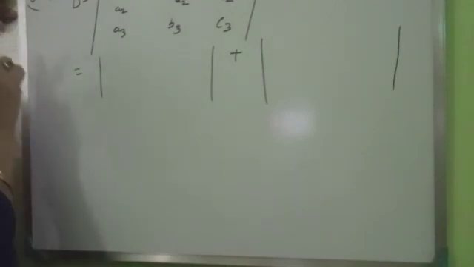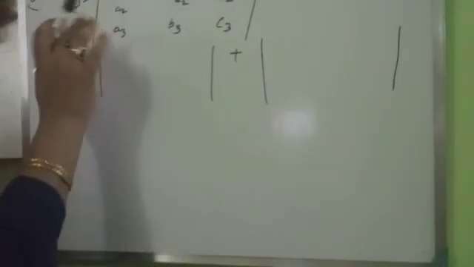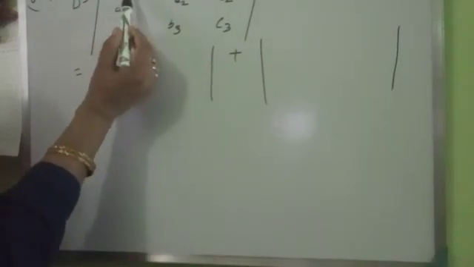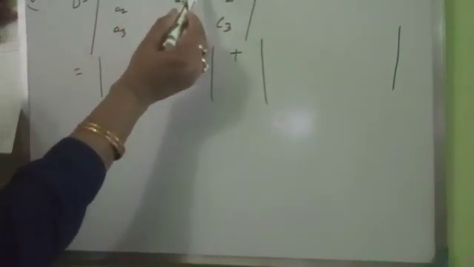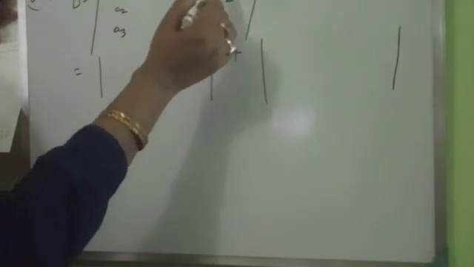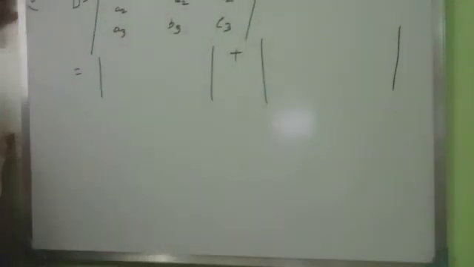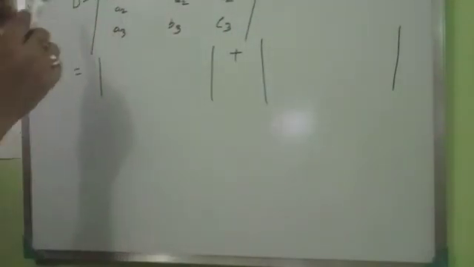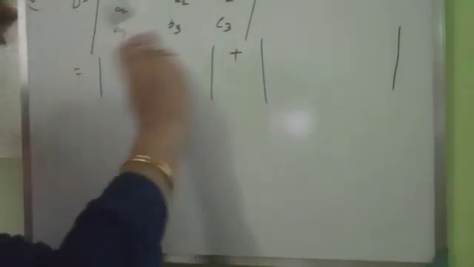That means each element of the first row of the determinant is given as the sum of two terms: A1 plus L1, B1 plus M1, C1 plus N1. If it is written this way, then the determinant can be expressed as the sum of two determinants.